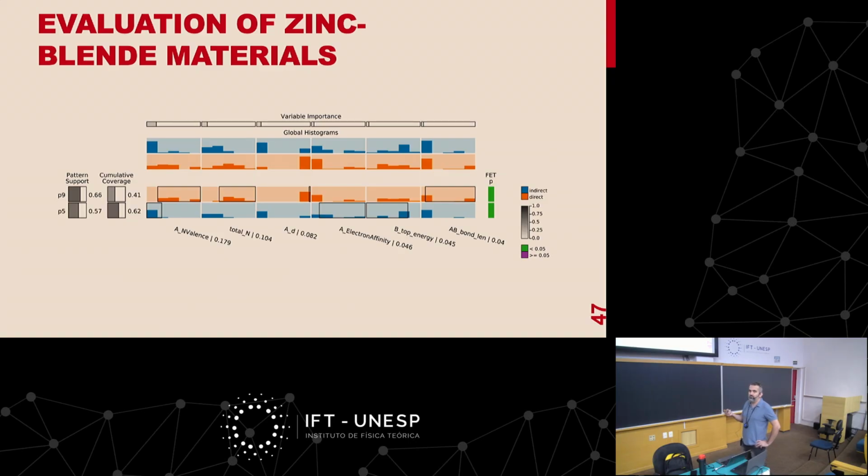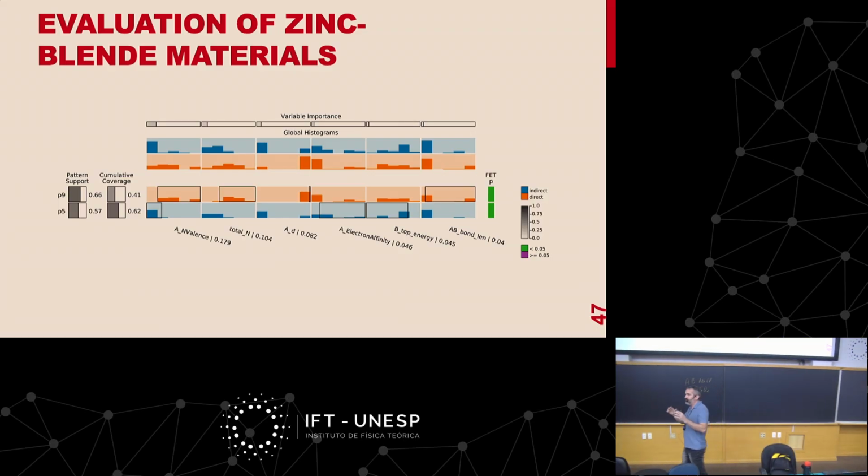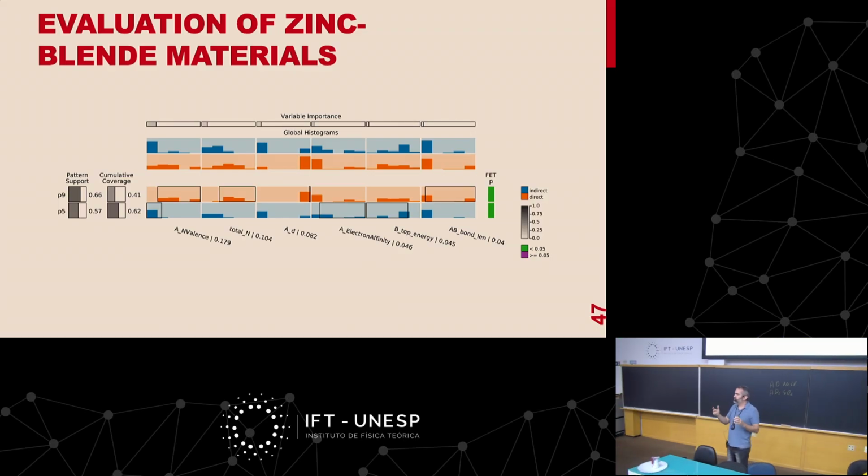And then the guys from computer science sent us this information, and this is the number of valence electrons from atom A. What does it mean? If the number of valence electrons in an atom is large, then it's direct. This is related to the following. If a chemical element has d electrons, okay, then the number of valence electrons tends to be larger because you have 10 d electrons.